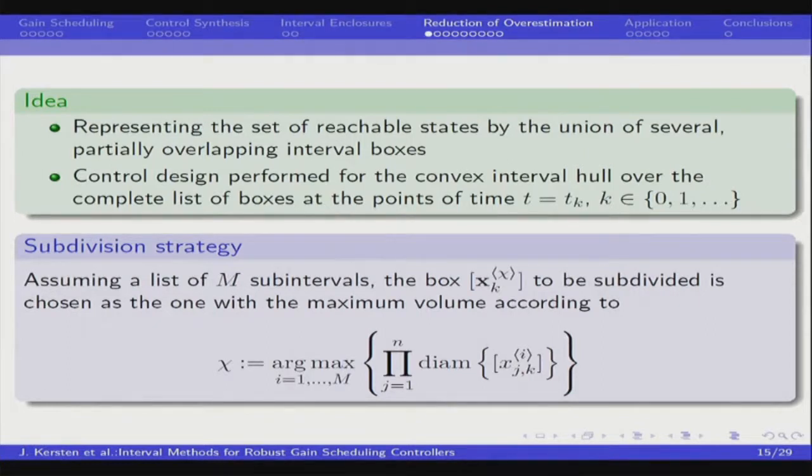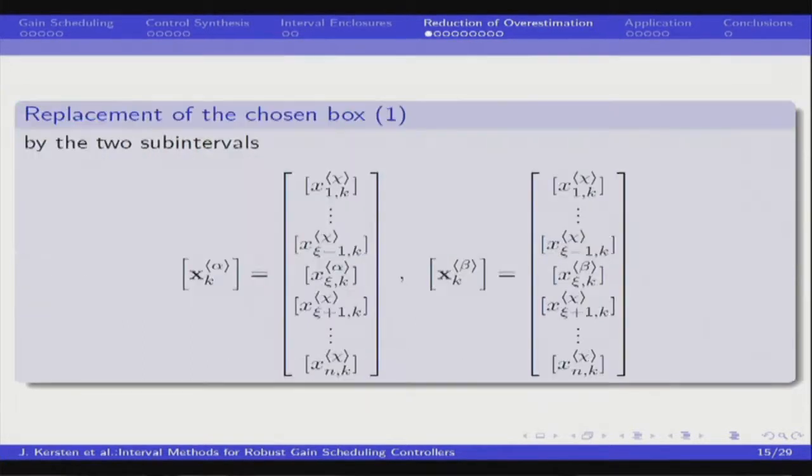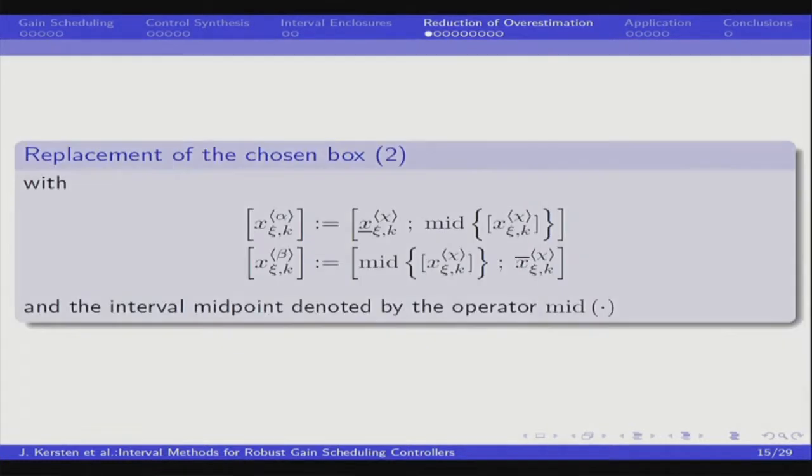That means we have the list of subintervals, and the box to be subdivided is the one with the maximum volume. The box with the maximum volume is then replaced by these two subintervals. Note that these two are just separated at the midpoint.